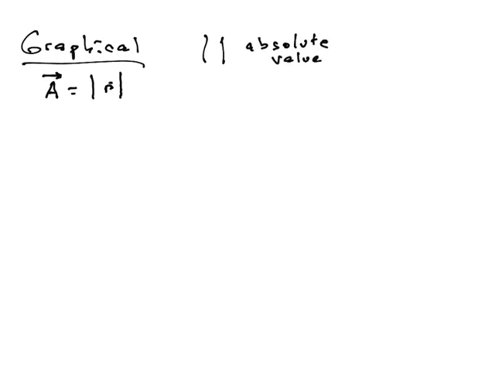And the R inside is the number. So that may be, as an example, 10 meters per second. So that's the magnitude of, let's say, A being the velocity. I throw a ball in a certain direction. I give it a speed of 10 meters per second, and it's thrown in a certain direction.